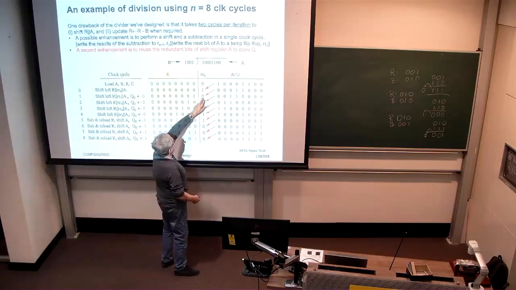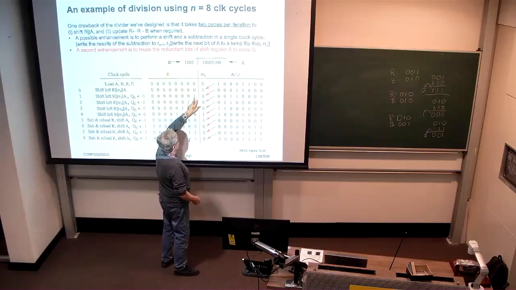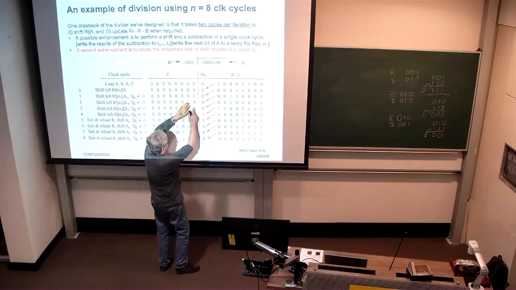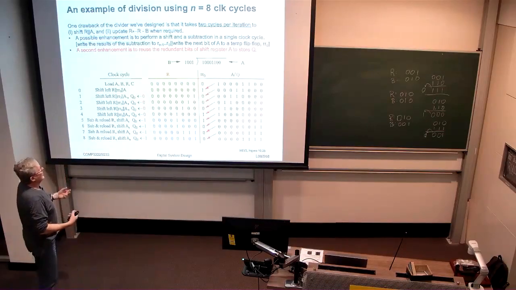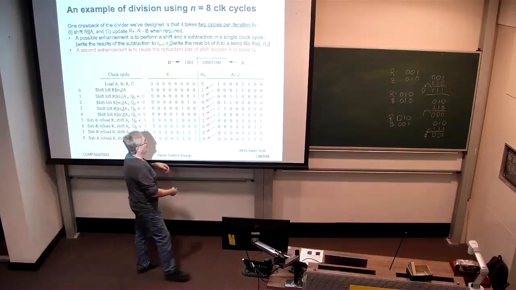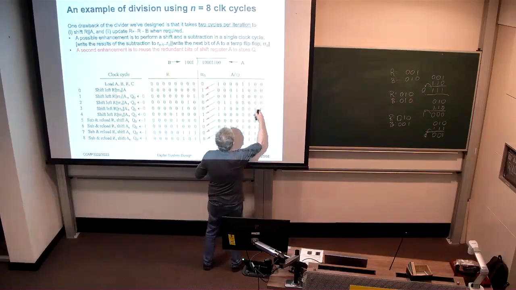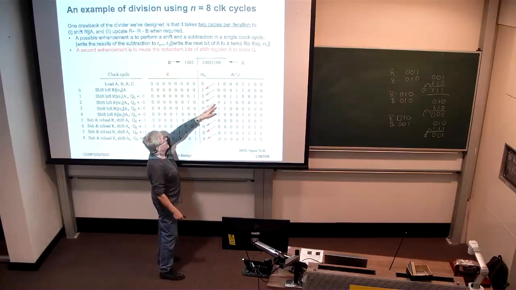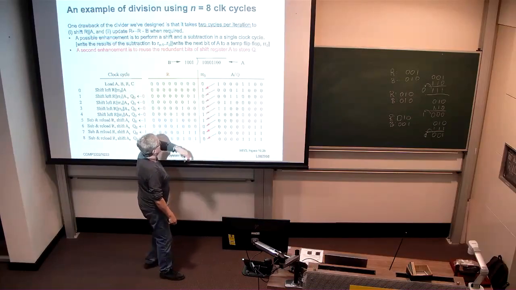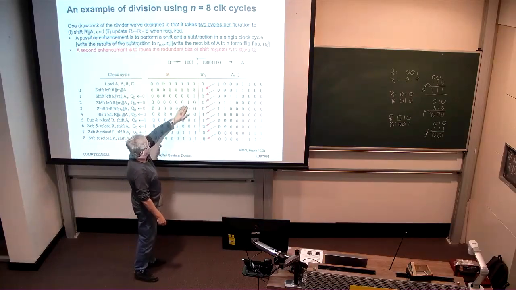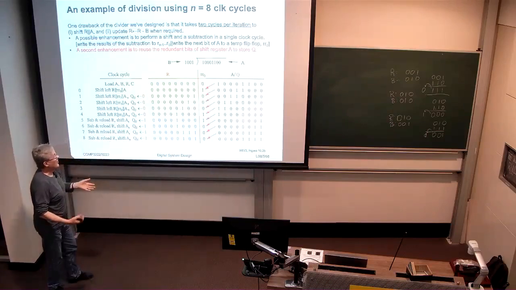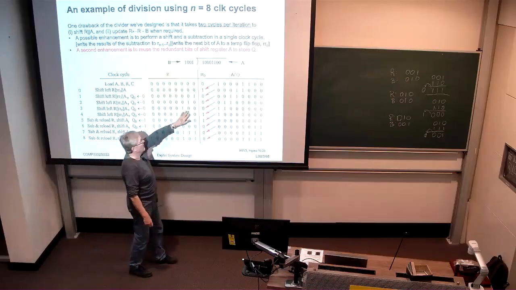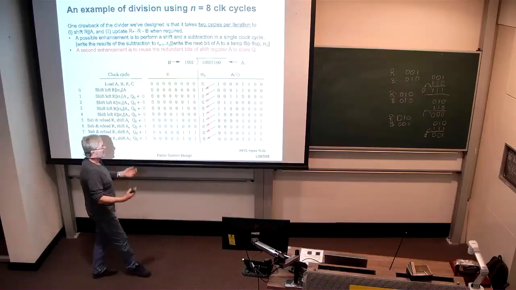As the RR0 bit gets shifted into the R register, we now have 2 in the R register effectively that we're comparing with. That's still smaller than B, so we shift another 0 in. As we shift the next 0 into RR0, now we have effectively 4. That's still smaller than 9, so no go. Then we have 8, which is still smaller than 9, so we still have no go.